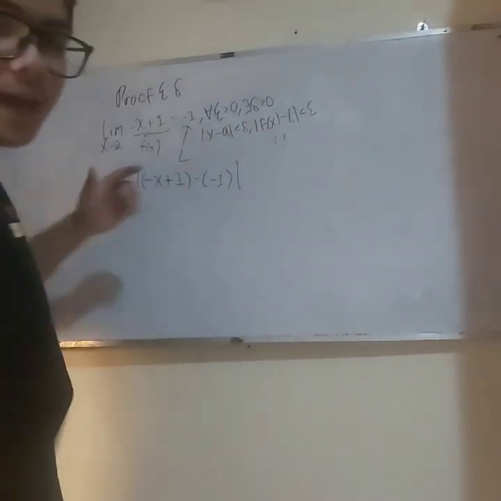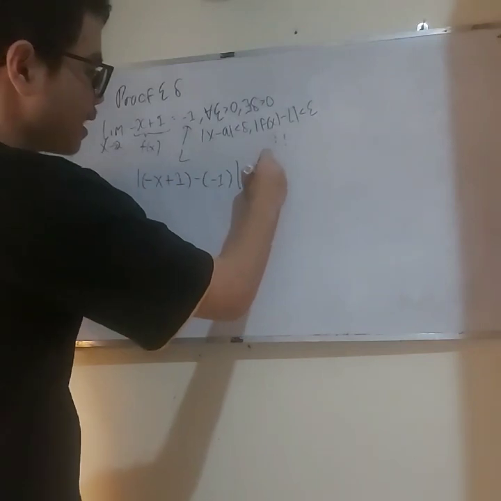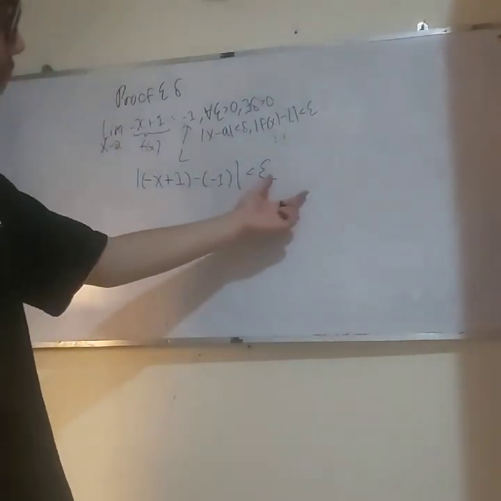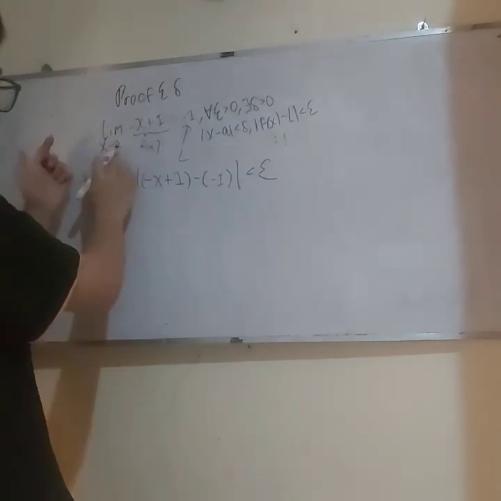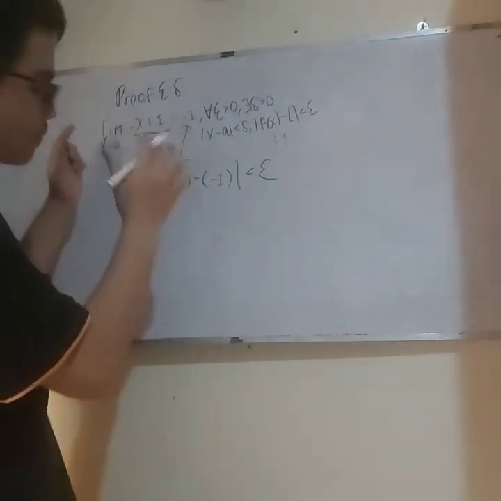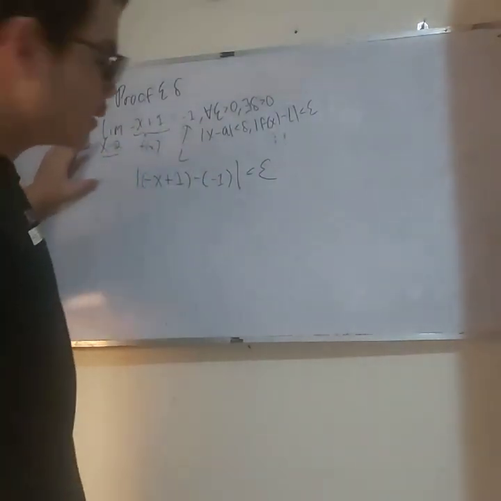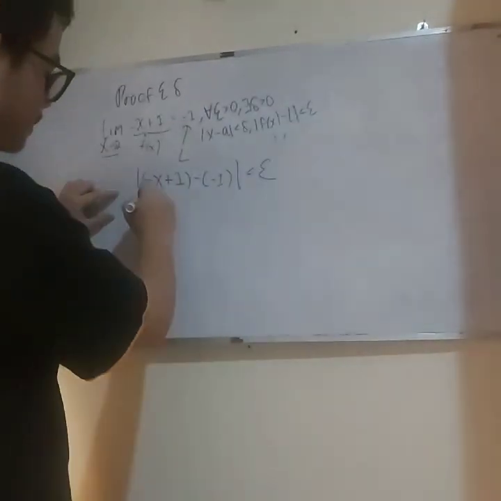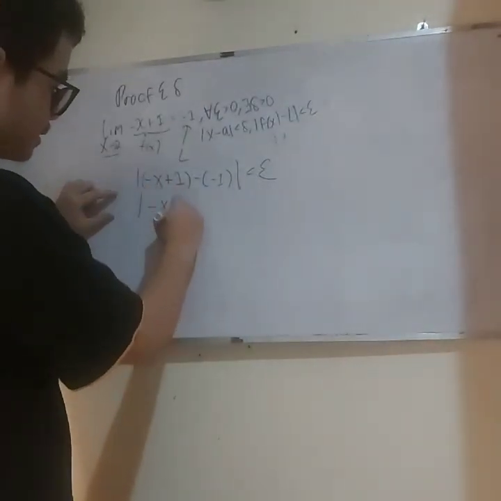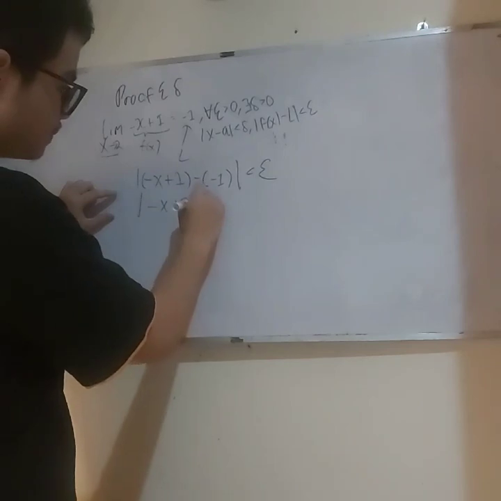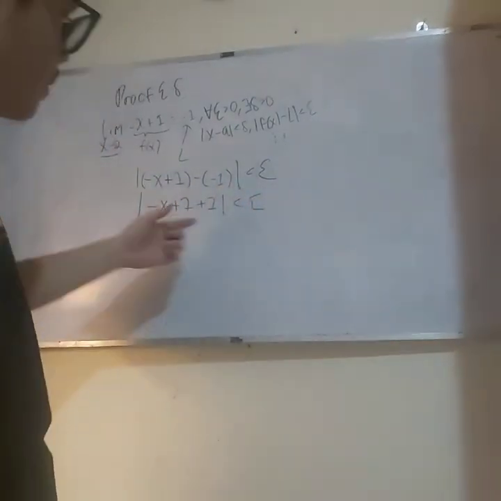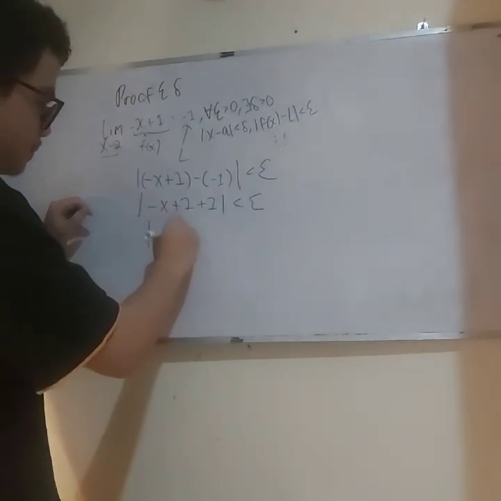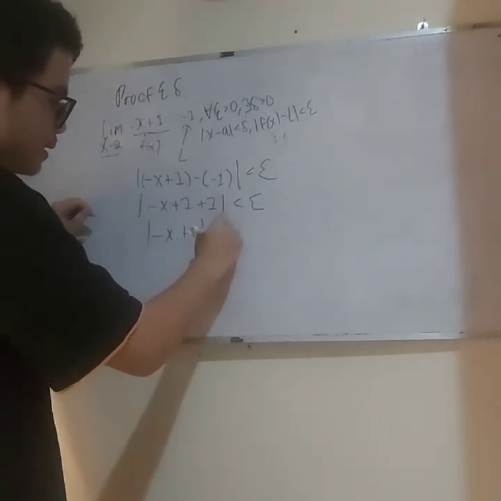It has to be less than epsilon, but this has to be the same form as x approaches 2. The form has to be the same as this. So we will have the absolute value of minus x plus 1 minus minus 1, which is the absolute value of minus x plus 2, less than epsilon.